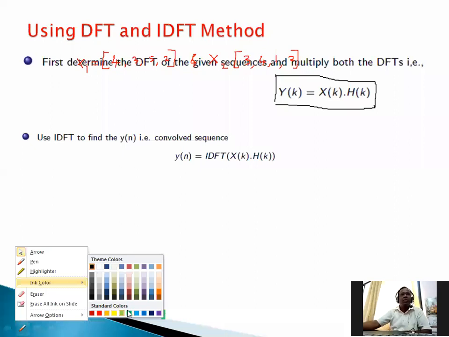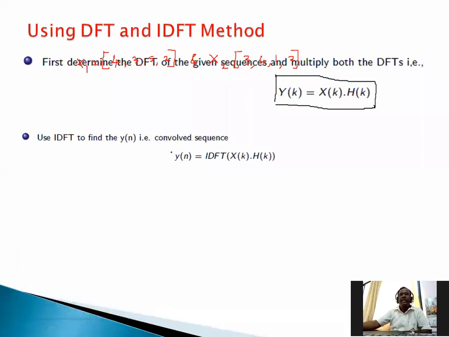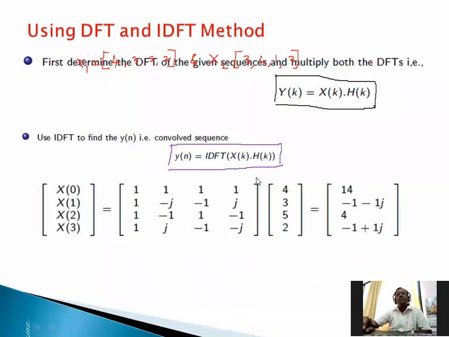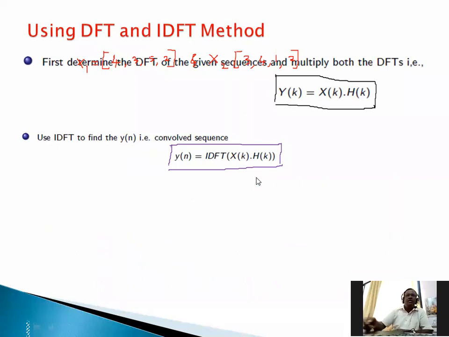This is the formula which we are using to find the IDFT: y of n equals IDFT of X of k into H of k. So let us follow the steps.